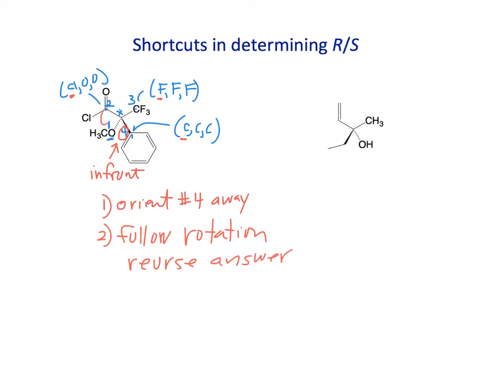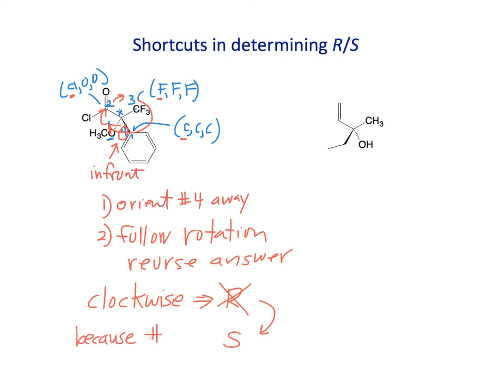So we're going to go from 1 to 2, 2 to 3, 3 back to 1. This is going clockwise, which would give us R, but we're going to say no, it's not R, it's going to be S, but we have to say because number 4 is in front.